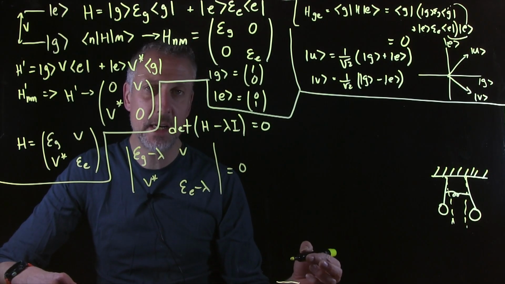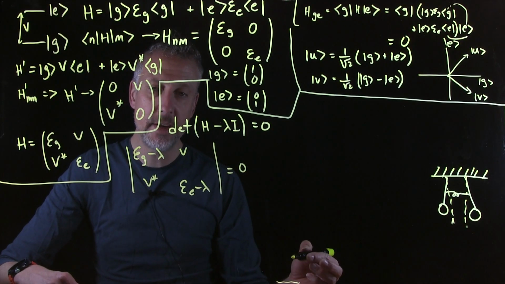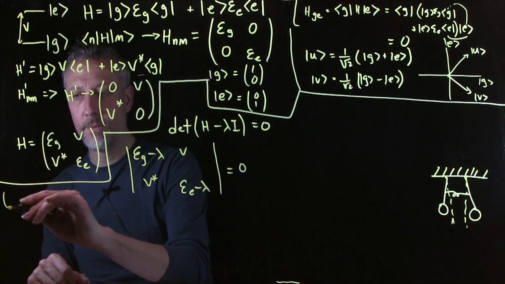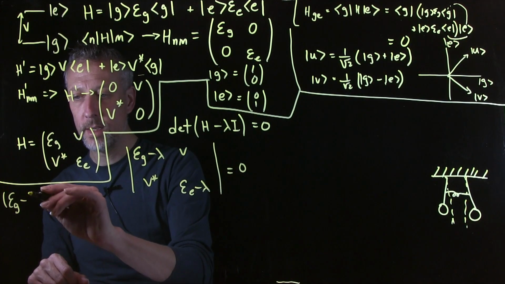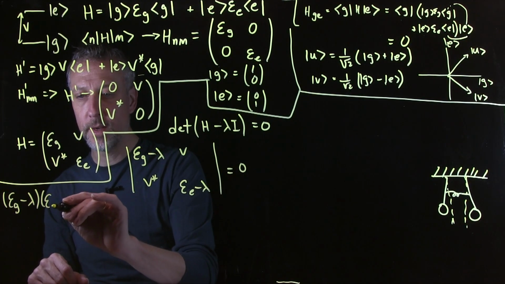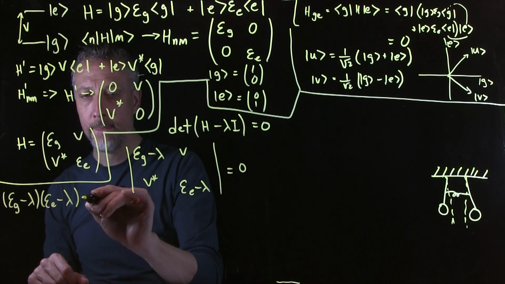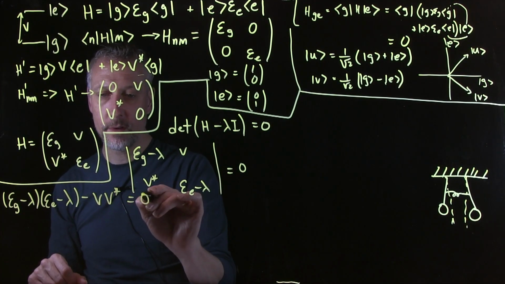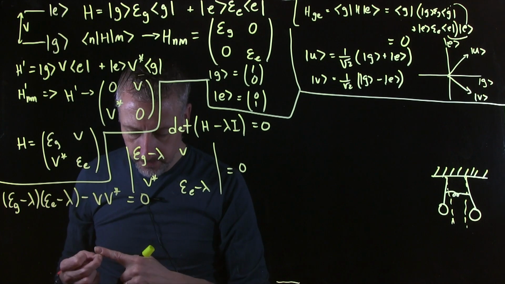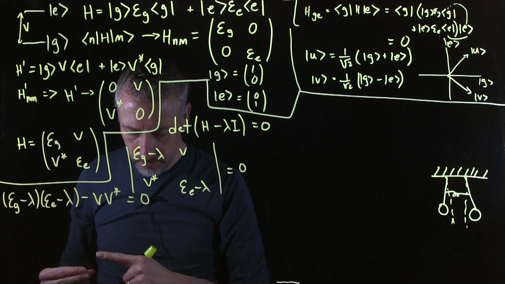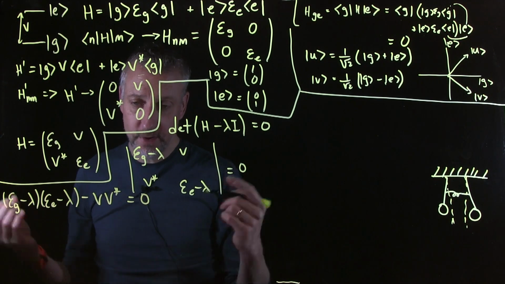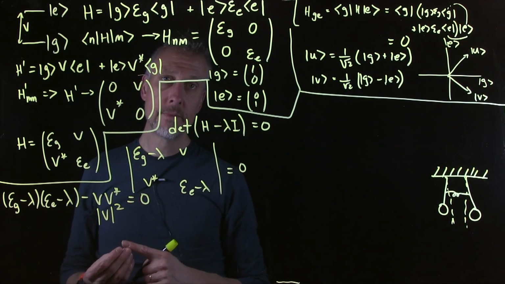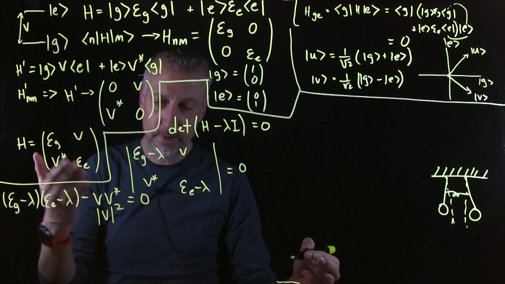All right, so for a 2 by 2 matrix, the determinant's very easy. It's this times this minus that times that. So we write that down. Epsilon g minus lambda times epsilon e minus lambda minus V times V star is equal to 0. All right, now V times V star, we know, is the modulus squared of V. And if V was a real number, then of course that would just be V squared.